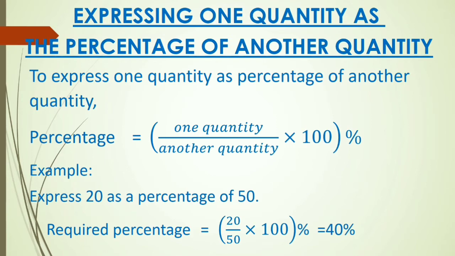So it is a fraction, that is 20 by 50. Now in the previous class you have learned how to convert a fraction into a percentage. To convert a fraction into percentage, we multiply the fraction with 100 and then put the percentage sign. That means here we have 20 by 50 into 100%, that is equal to 40%. So 20 is 40% of 50.